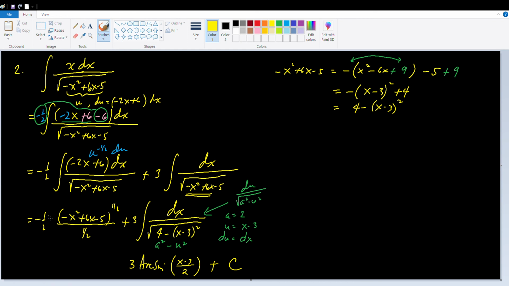Now for this part, we cancel 1/2. So we have negative of the square root of negative x squared plus 6x minus 5 plus 3 arcsine of x minus 3 all over 2 plus c.